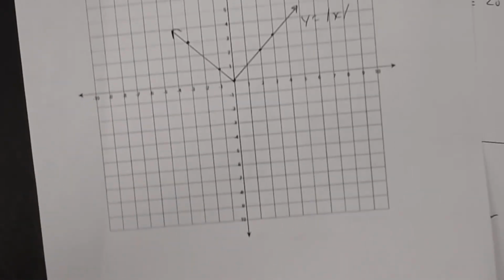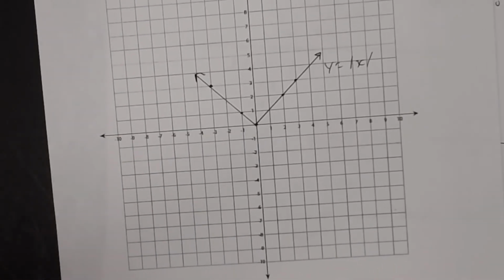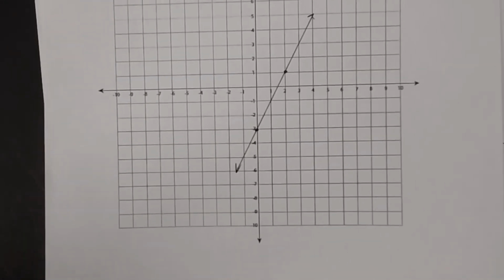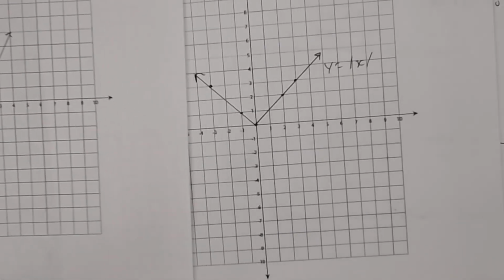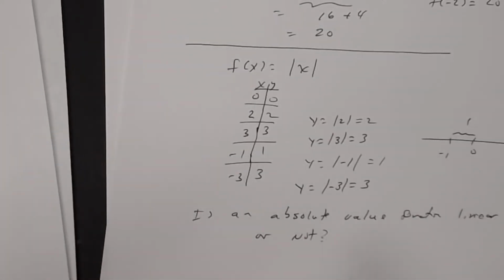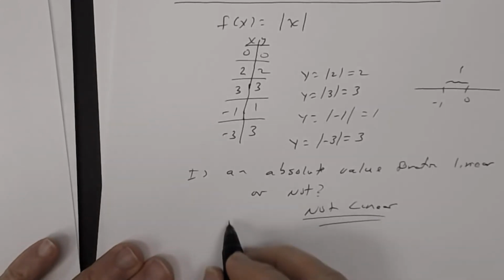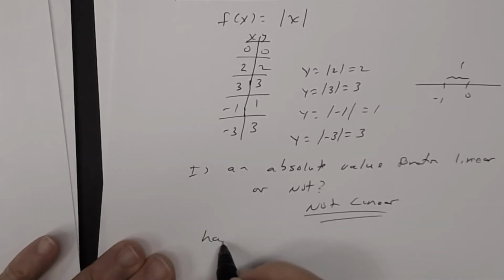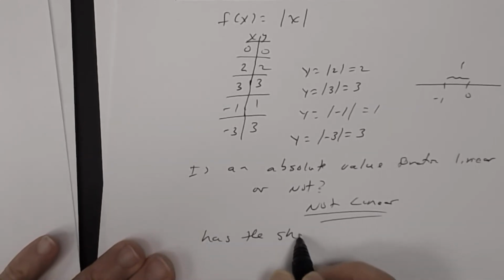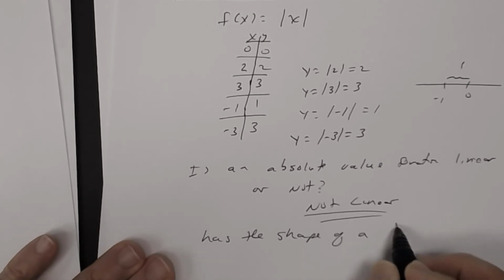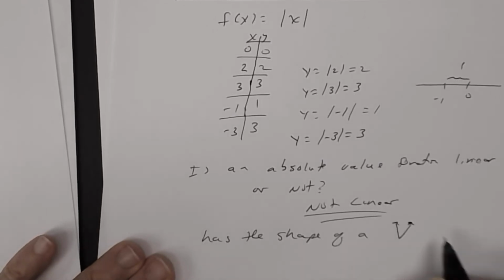This is what an absolute value function looks like, shape of a V. This is a linear function. Do they have the same shape? No, they don't. So an absolute value function is not linear. Absolute value function has the shape of a V. Okay? All right.